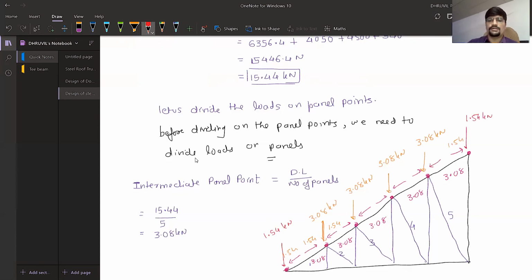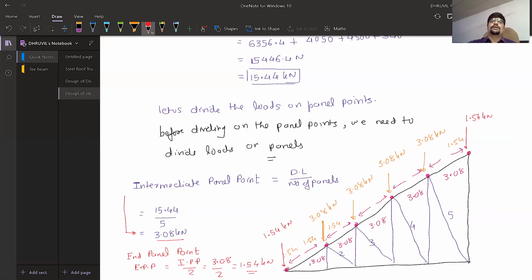This was understood from the geometry alone. For the intermediate panel point, this 3.08 kilonewton is the load. So for the end panel point, which is EPP, it will be IPP divided by 2, meaning 3.08 divided by 2, which comes to 1.54 kilonewton.